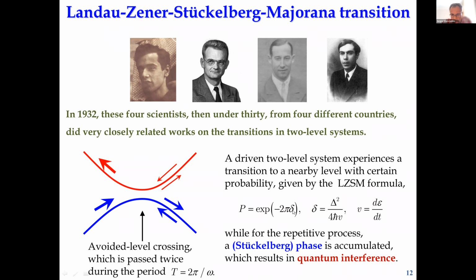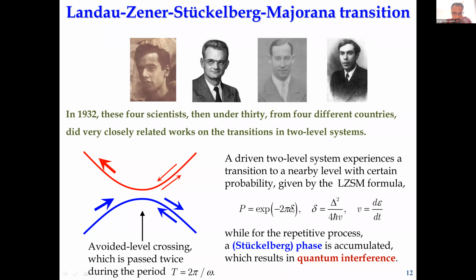So if this adiabaticity parameter is large, then this is 0, and the system stays in the ground state, which is needed, say, for adiabatic quantum computation, of which we've heard. So in adiabatic quantum computation, you'd better have this large.